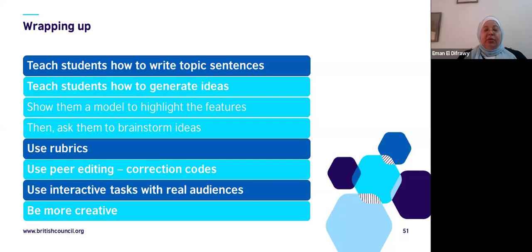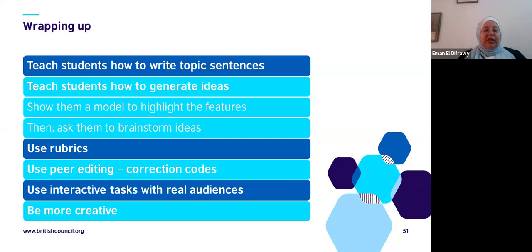And then we could use another approach, the process approach, which is to ask them to work together and brainstorm ideas, and ask them to start writing. We explain what rubrics are, how to use them, and why it's important to use them. Students need to understand the rubric before they start writing.